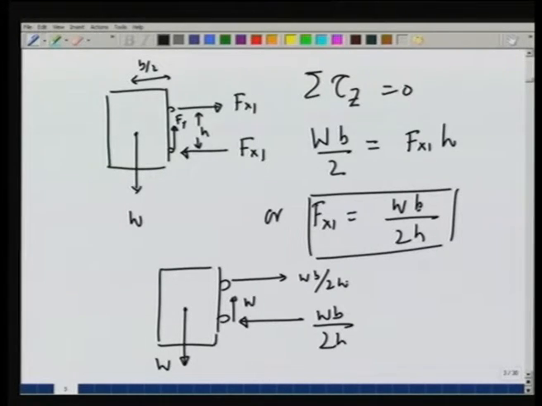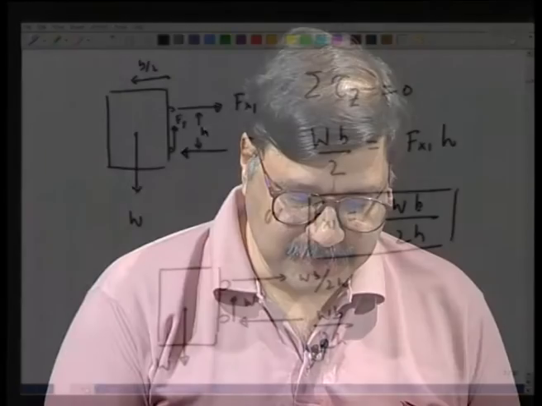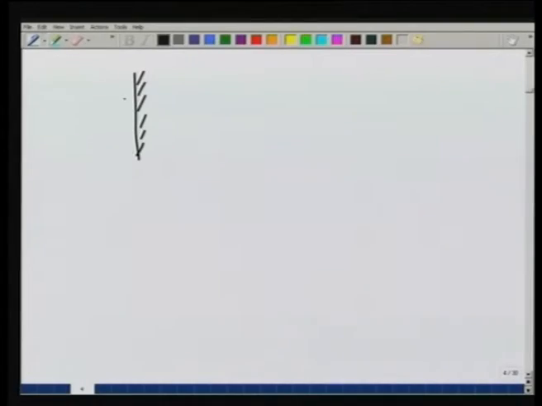These are the net forces acting on the gate. How about the supports themselves? If I look at the support, this is the wall, this is one support, this is the other support. The upper support is pulling the gate in by a force F x 1, which is W b over 2 h, and therefore the gate must be pulling, by Newton's third law, the support in this direction with W b over 2 h.